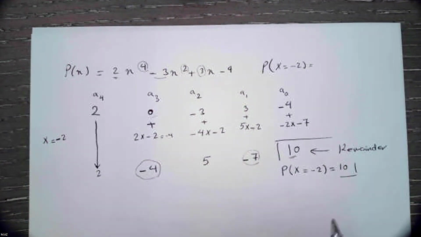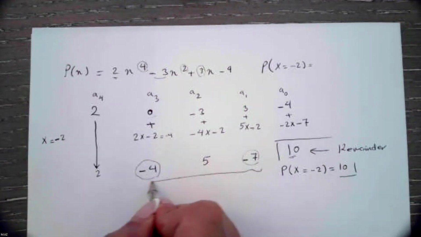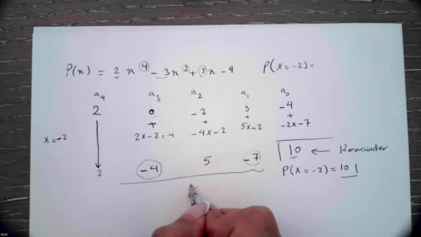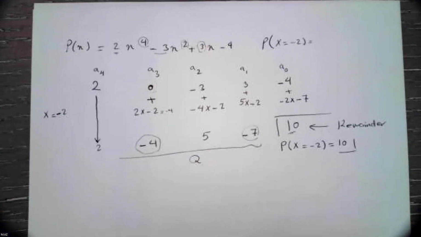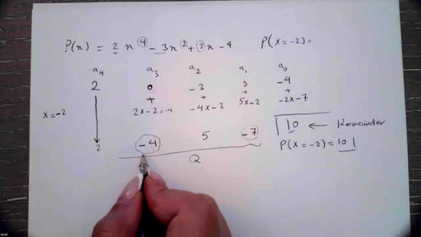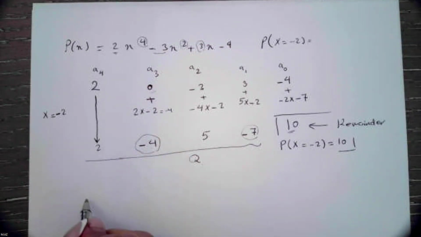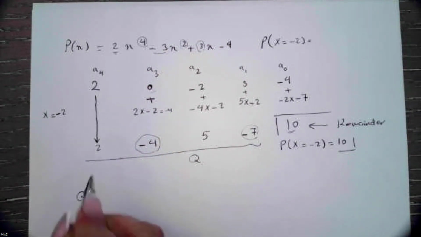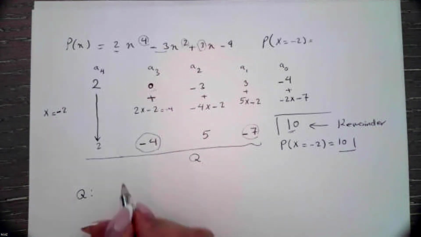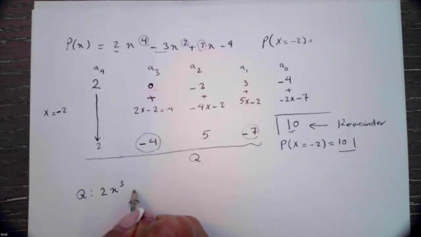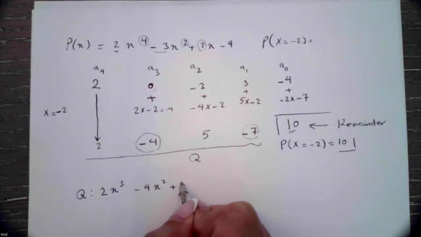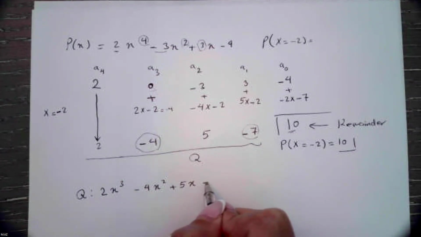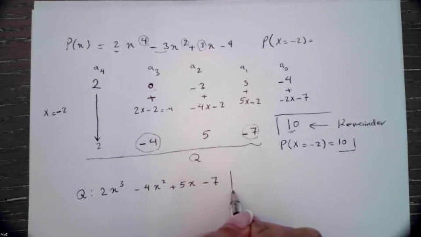And how about this part? This part is about the quotient of this polynomial function. If I write it, the quotient of this division is 2x cubed minus 4x squared plus 5x minus 7.